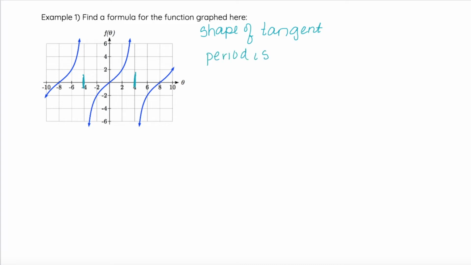When I look at this particular point, 2, 2, and remember our input values, our theta, are stretched. It looks like we're being stretched left and right compared to the original tangent, which is a little skinnier and taller. This seems to be stretched out a little bit more.